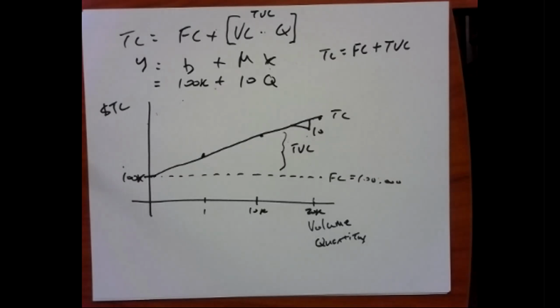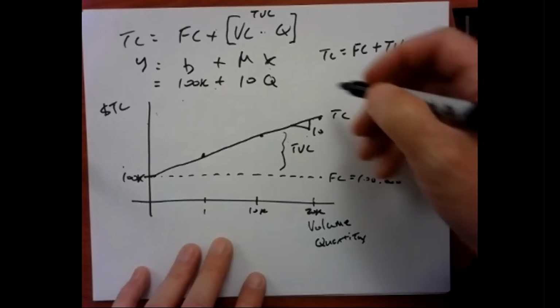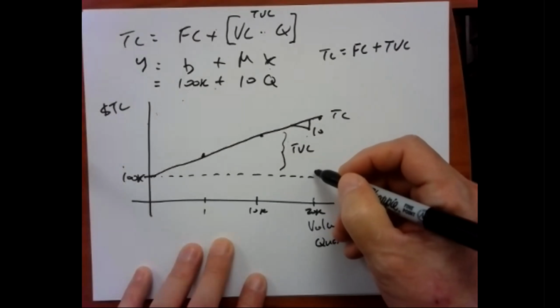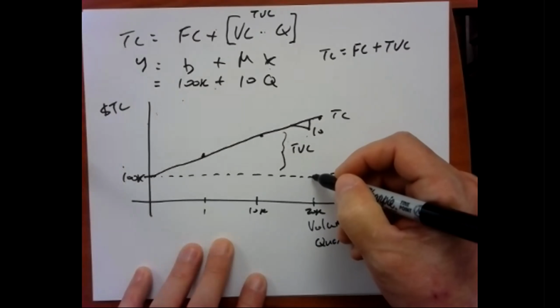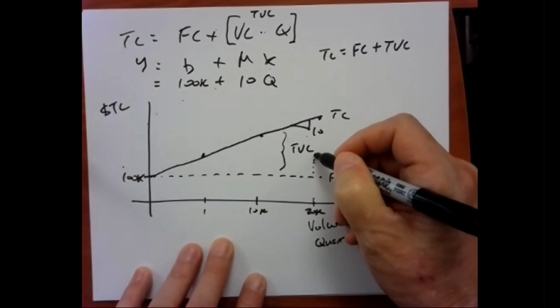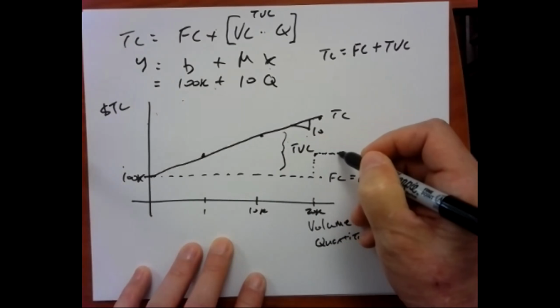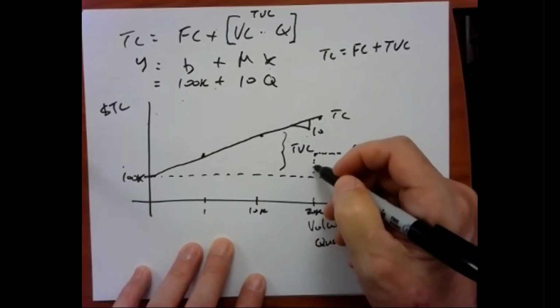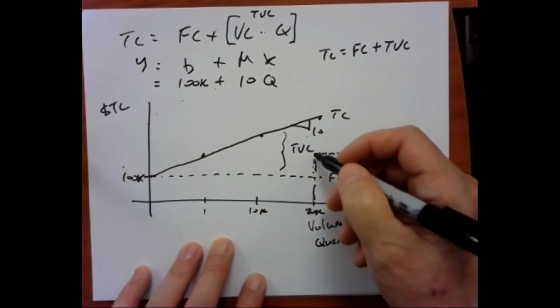Fixed cost, yeah, add a machine, good. So what would happen at 20,000 is our fixed costs would jump from 100,000 to 150,000, right? Fixed cost equals 150,000 starting at 20,000.